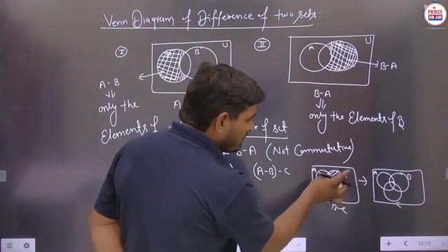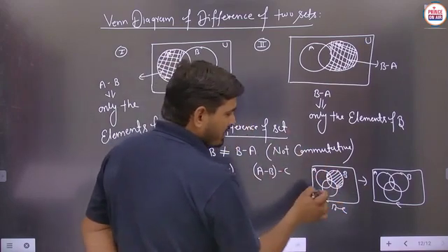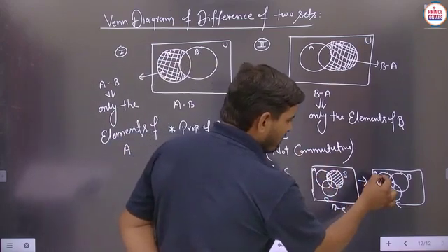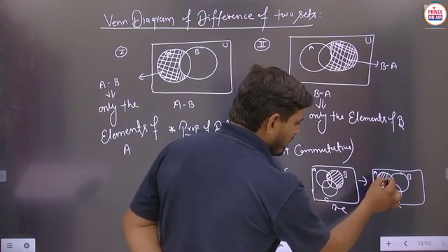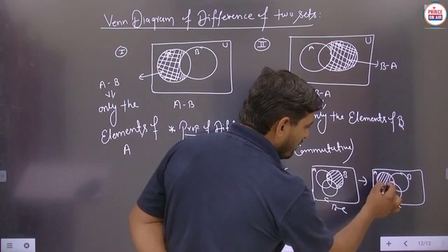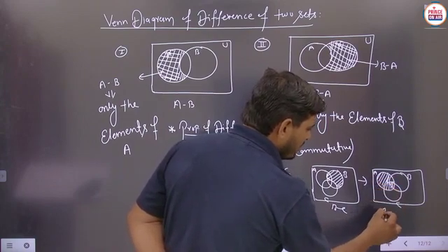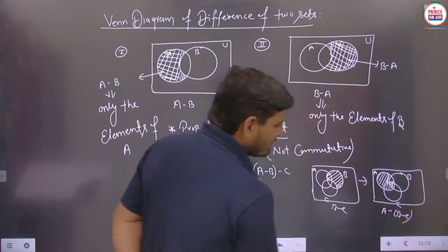So this particular part is subtracted from set A. You can say that we will get the answer by taking these elements, which belong to this part. Is it to be clear? So this is A minus B minus C.